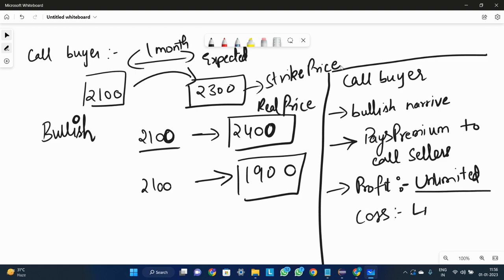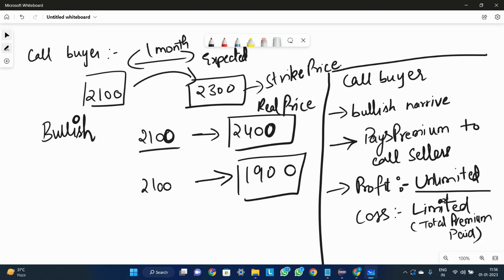His loss is limited, because even if it goes to that price, he has to pay a premium, right? If his narrative does not match with reality, then he will have a loss, and the loss is limited, because it is equal to the total premium paid. Total premium paid. That's all.